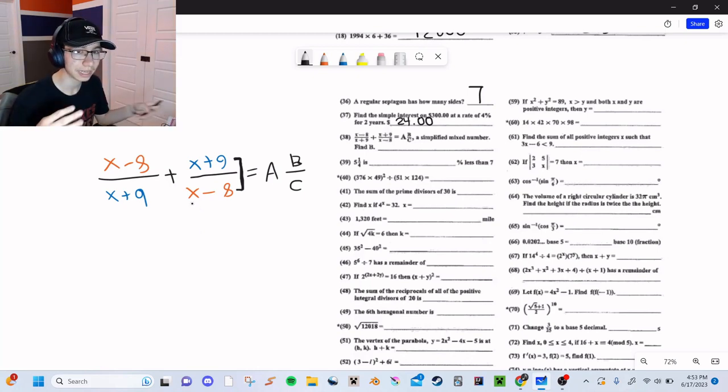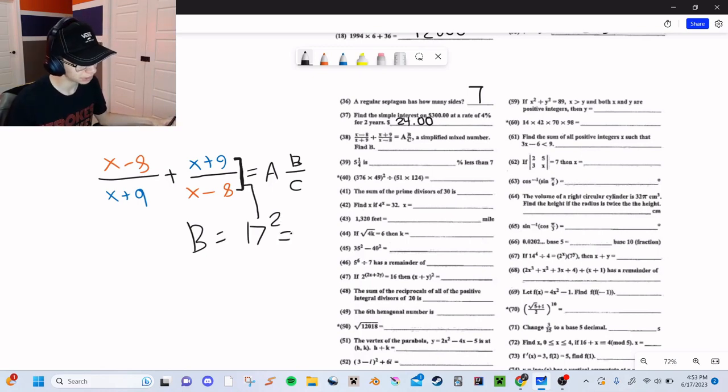Because we're doing 9 minus a negative 8, that's like 9 plus 8. And that's going to be 17. And B is equal to this difference squared. The answer is 17 squared, which is 289.